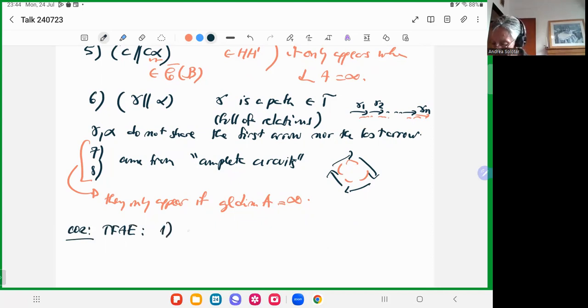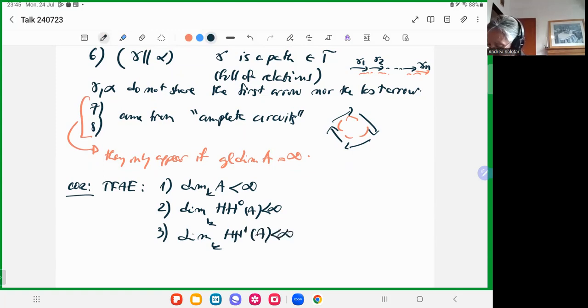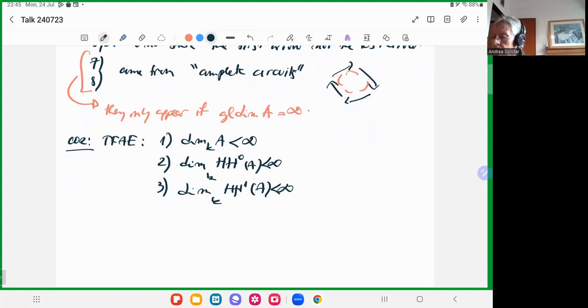The first thing is that the dimension as a vector space of the algebra is finite, which is equivalent to the dimension of the zero Hochschild cohomology space being finite, and this is equivalent to the dimension of the first Hochschild cohomology space being finite, and this corresponds to the fact that there is no complete, so complete is full of relations, sorry, co-complete, this is without any relations, cycle in the quiver Q, okay?